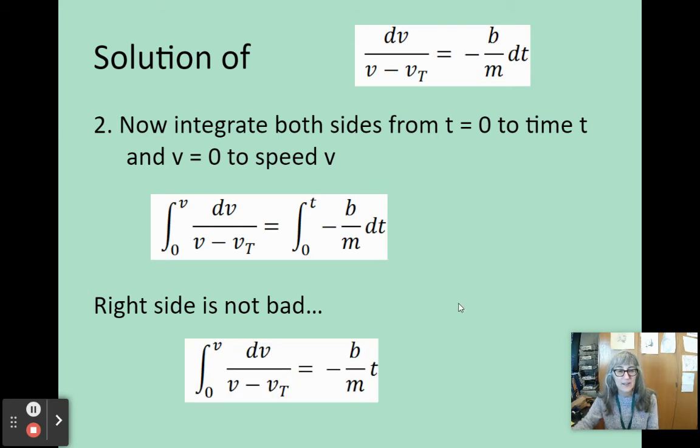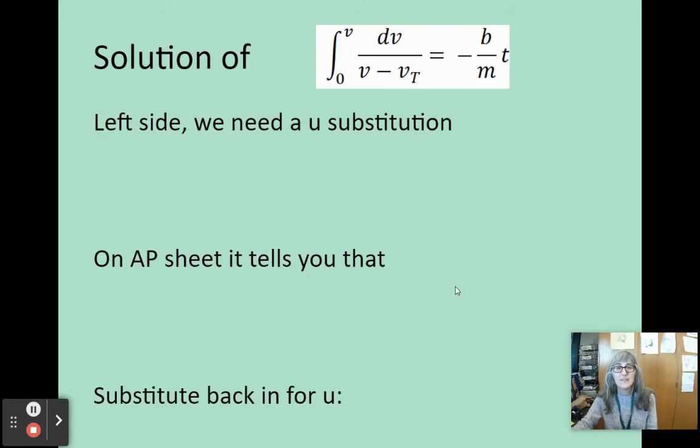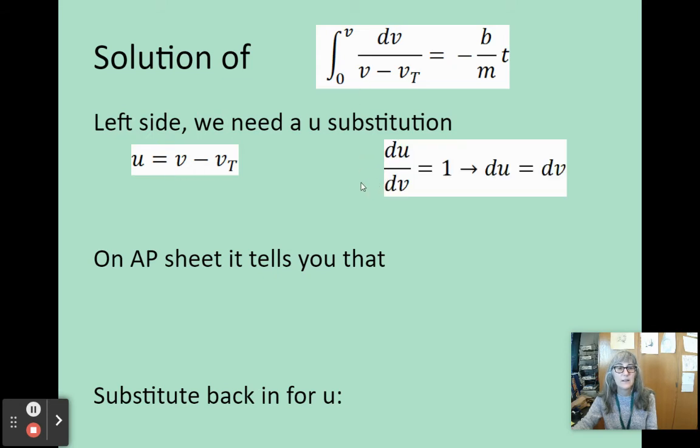The left side is where things get more interesting. On the left side, we need a u substitution. So let's say u is equal to v minus vt. Then du/dv is equal to 1, which means that du is equal to dv. So now we rewrite that integral as the integral of du over u.